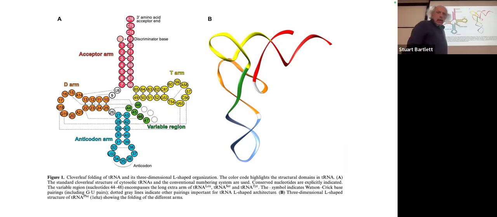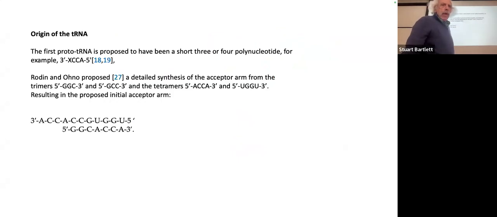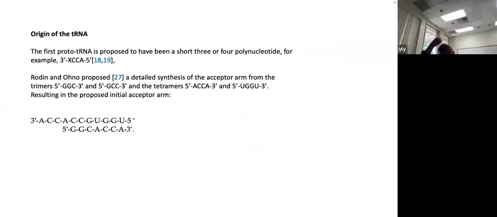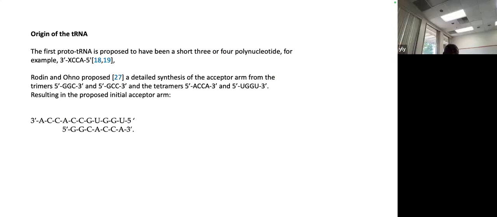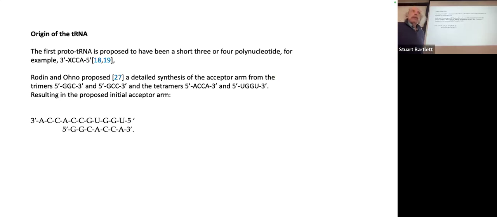Okay, so we're back at looking at the tRNA. And then Rodin and Ohno invented, and with good cause, a model of how the tRNA was first formed. It was formed from small polynucleotides.